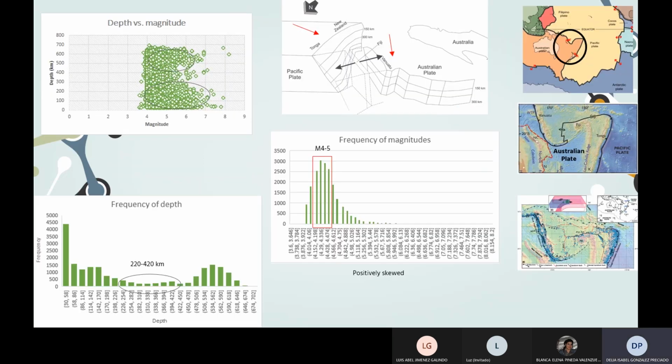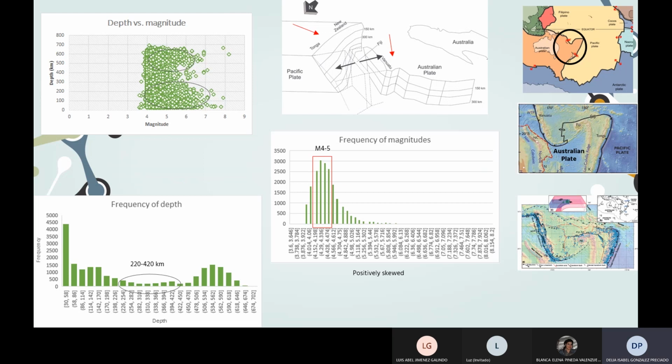Here we can see three graphs. In the depth versus magnitude graph, we can see two zones where most earthquakes happen: around 0 to 300 kilometers depth and 500 to 700 kilometers depth. Also, in the frequency of magnitude graph, we can see a positively skewed distribution with the average magnitude between 4 and 5.